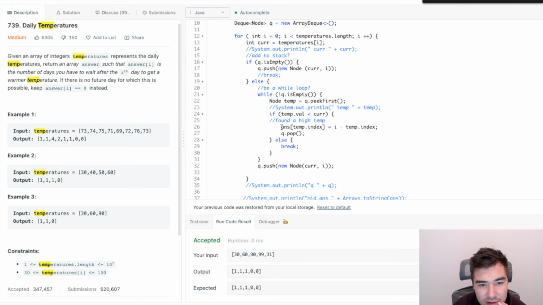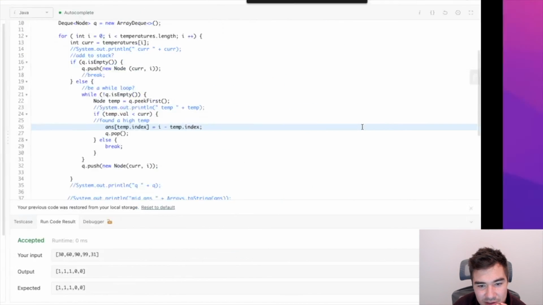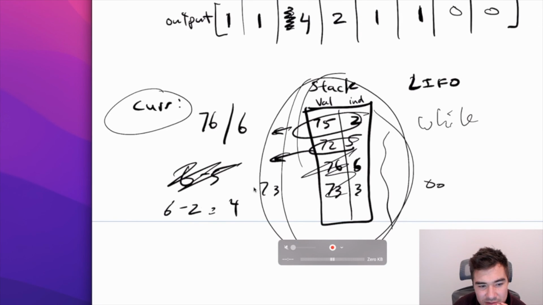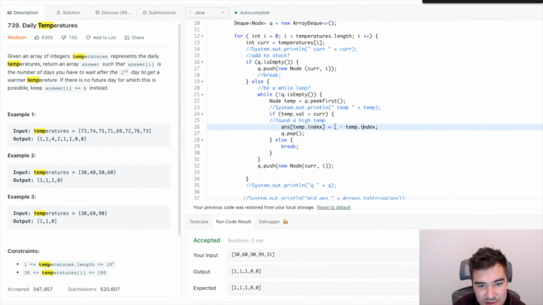And then I set the index to i minus temp index. So that's this little subtraction problem right here. And then q.pop, we pop it out once we know its answer.